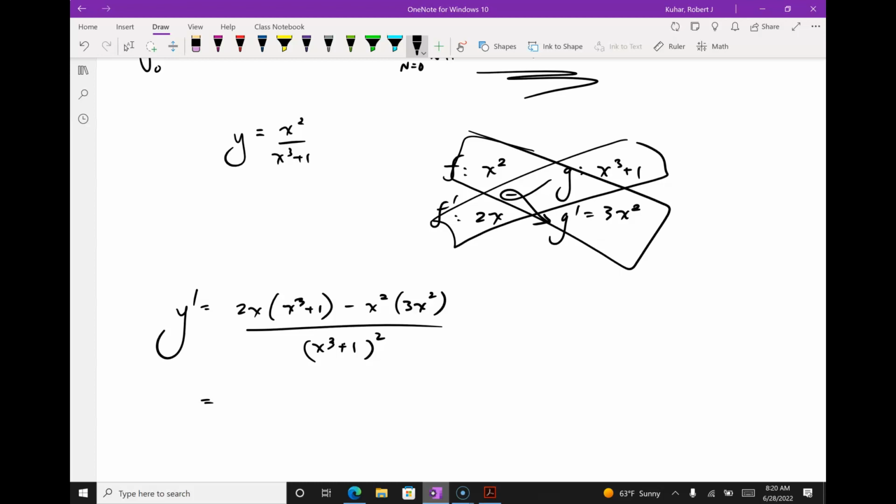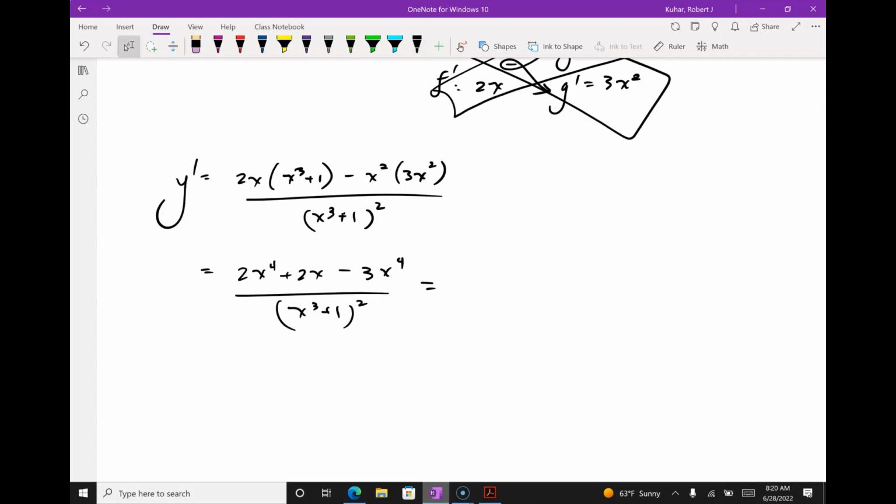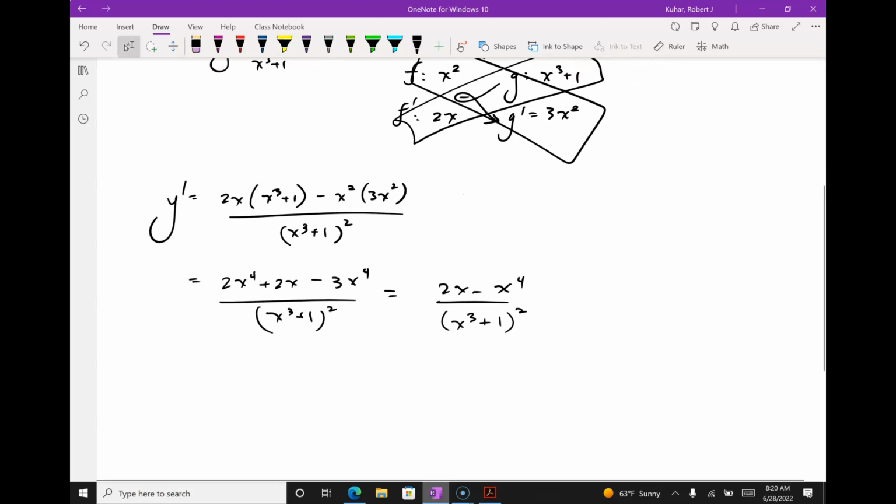But anyway, what do I get? I get 2x to the fourth plus 2x minus 3x to the fourth, so it looks like I get 2x minus x to the fourth, and I can factor out an x there.